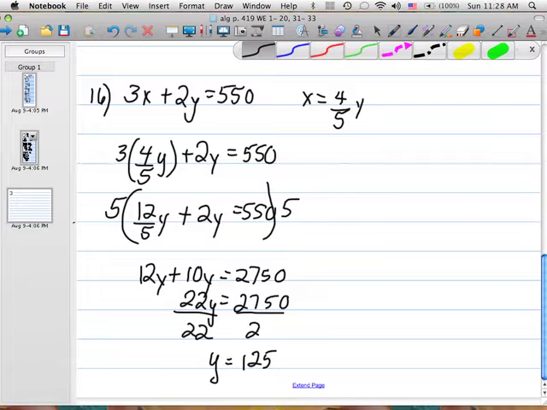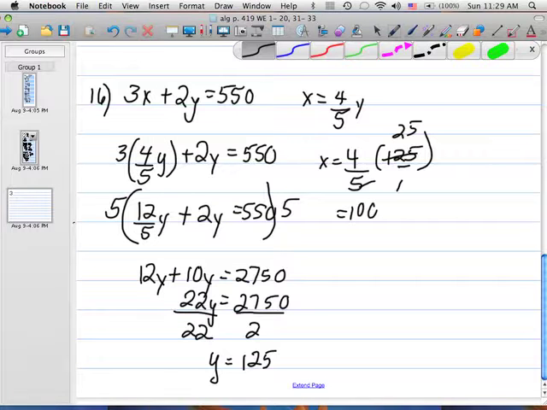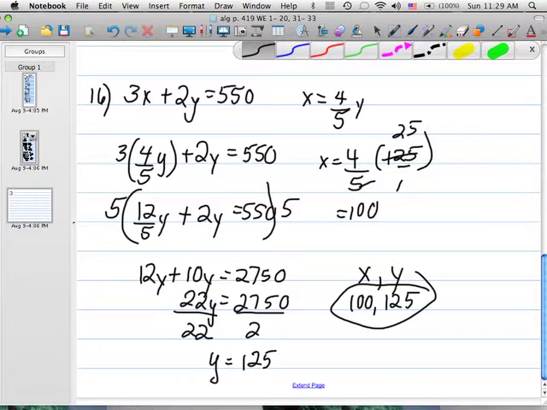And then substitute it back here, x equals 4/5 of 125. 5 into 125 is 25 times 4, so x is 100. So the ordered pair is x, y, x was 100, y was 125. So the ordered pair that solves the system is 100, 125.